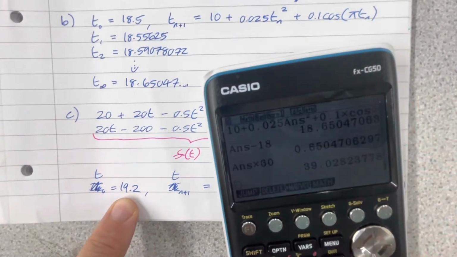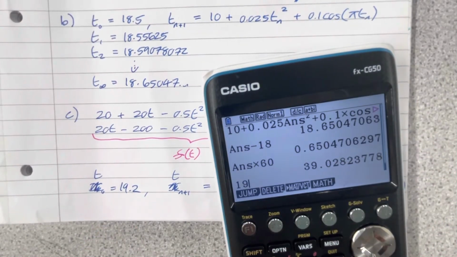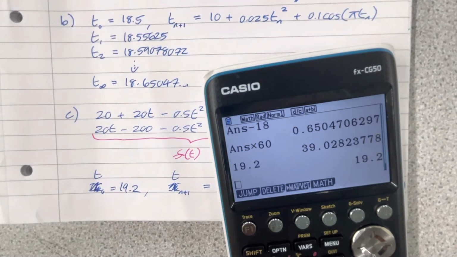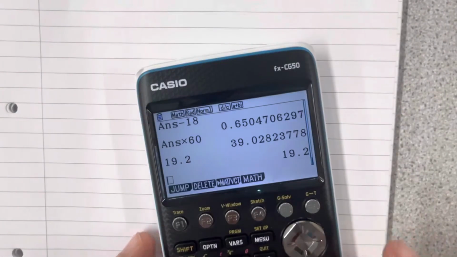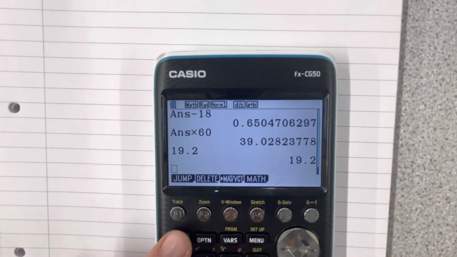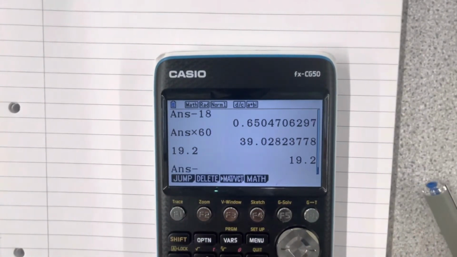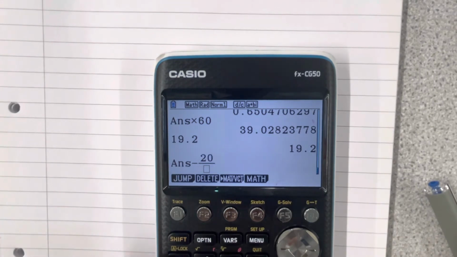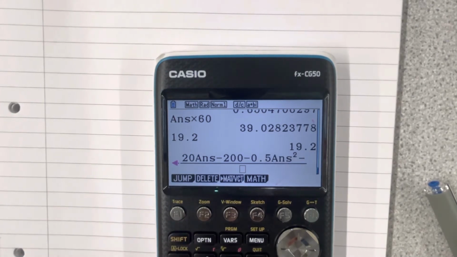So what I'm going to do on here is I'm going to give 19.2, plug that in, so it's now stored as ANS on the page. And then it was the previous value, so answer, subtract 20 answer minus 200 minus 0.5 times the answer squared minus 2 times the cosine of pi times the answer, that's the function.